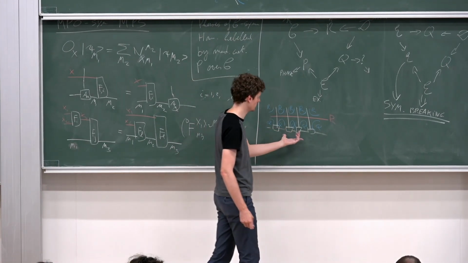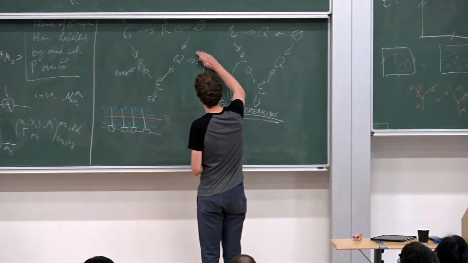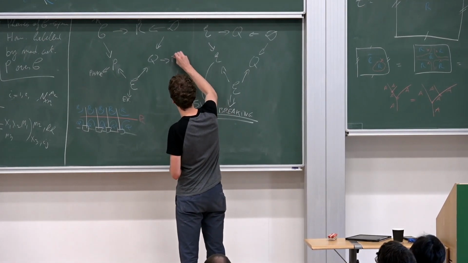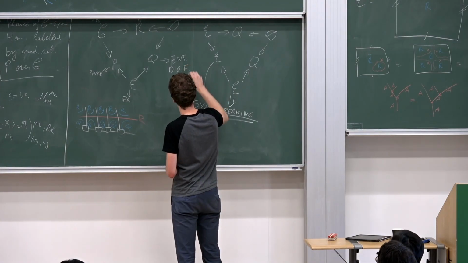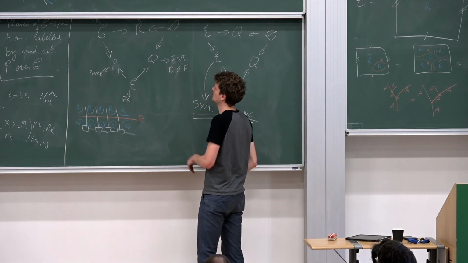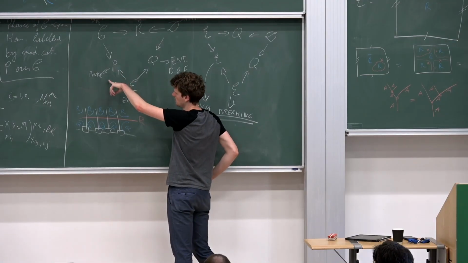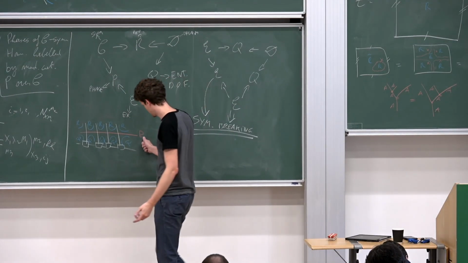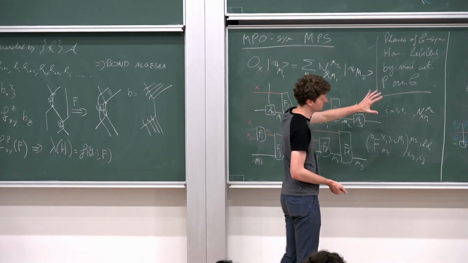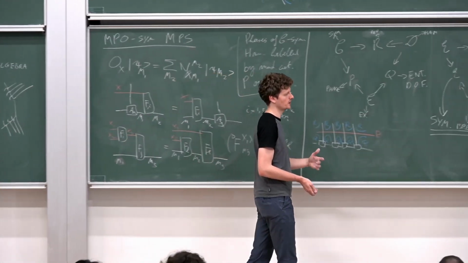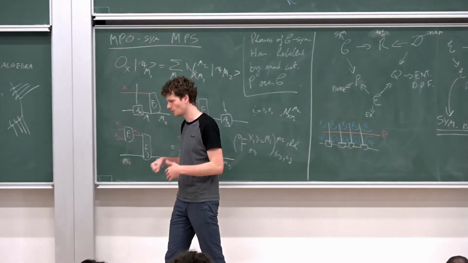And so this gives you an explanation of what this Q is. This Q here is the entanglement degrees of freedom of a matrix product state in this particular representation of the Hamiltonian in this particular phase. So that's the message I want to get to in the end: using these tools, you get a way of parameterizing matrix product states in a generic phase in such a way that there's no more redundancy.